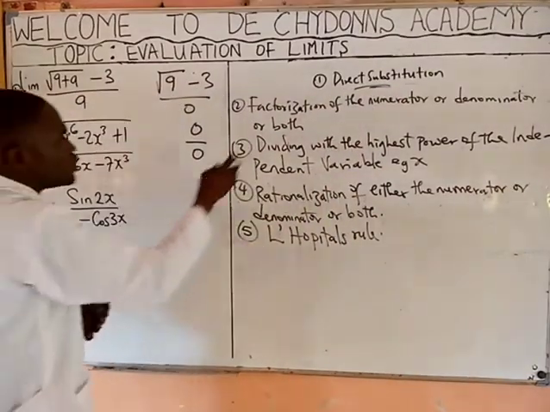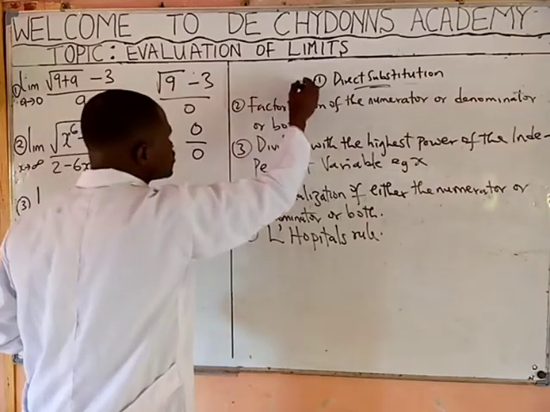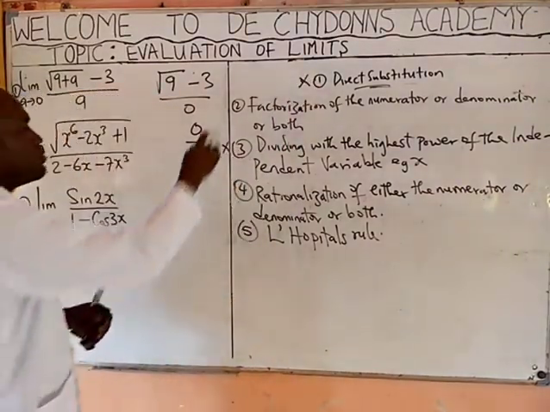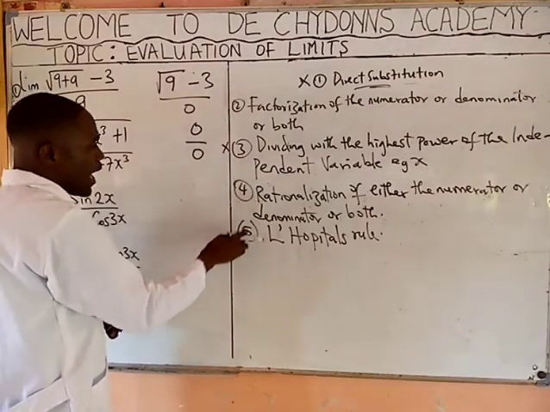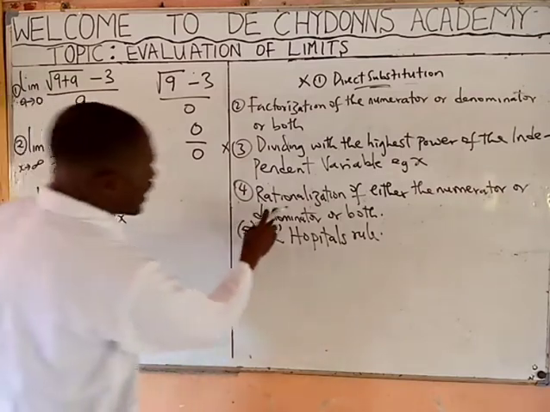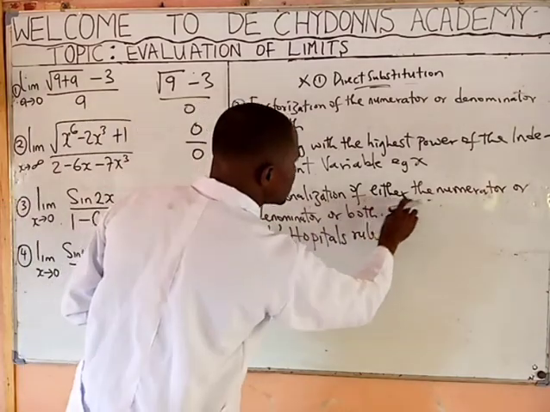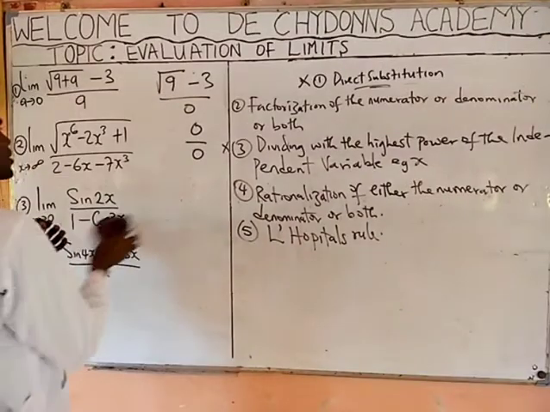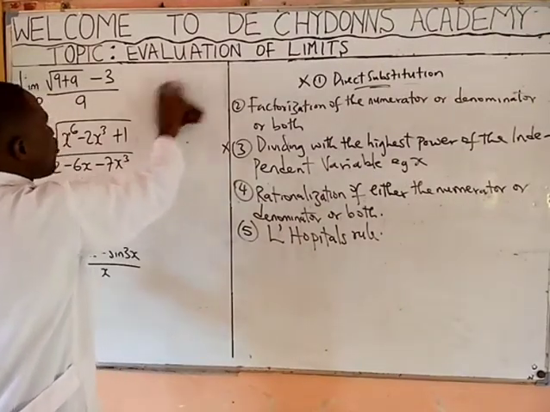You think of which rule, apart from direct substitution and apart from rule number 3. Between 2, 4 and 5, which of the rules will work out? You try rationalization of either the numerator or denominator or both. Why do we say let's try that one?